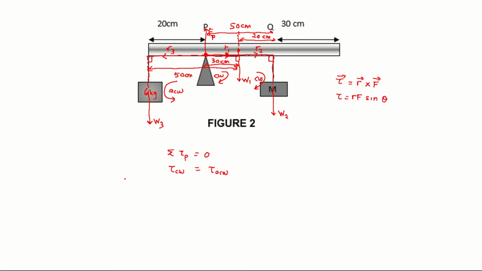So we can substitute the values. Clockwise torque equals anti-clockwise torque. The clockwise torque is from weight 1 and weight 2, so the formula is R1 W1 sine theta 1 plus R2 W2 sine theta 2 equals R3 W3 sine theta 3.